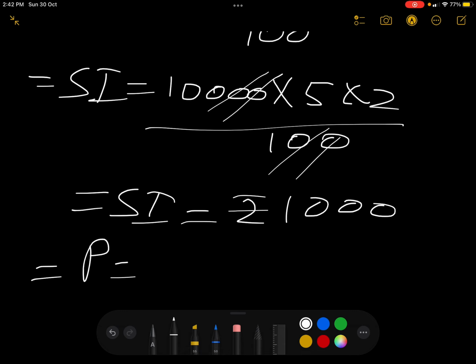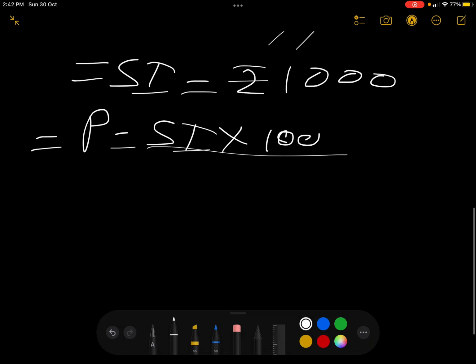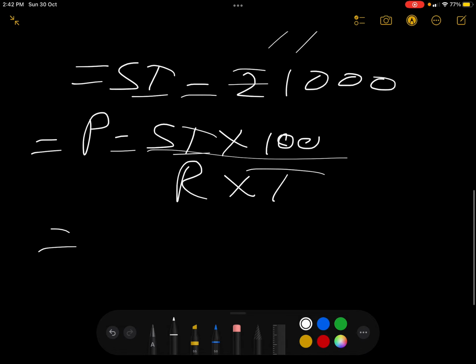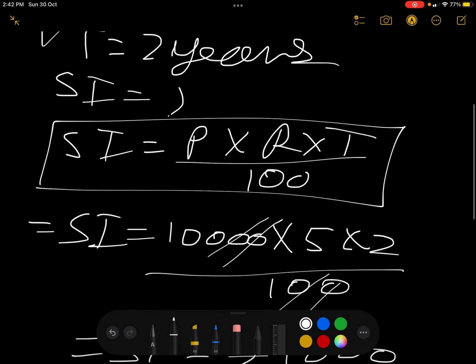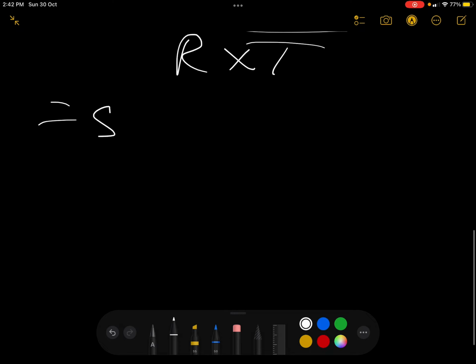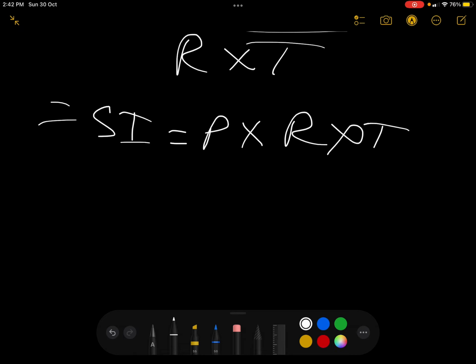Now let us solve for the principal. We know that the principal is SI into 100 upon R into T. But how can we do it without that? We'll use this formula here, SI is equal to P into R into T upon 100.